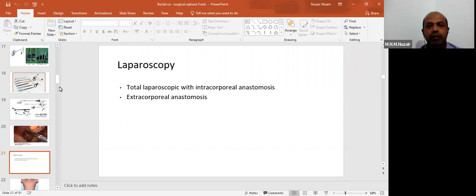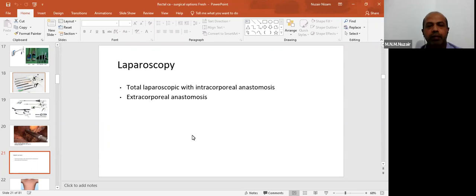But sometimes we can take the bowel out and perform the anastomosis outside. That is called extracorporeal anastomosis. So this is one method of doing laparoscopic anterior resection.